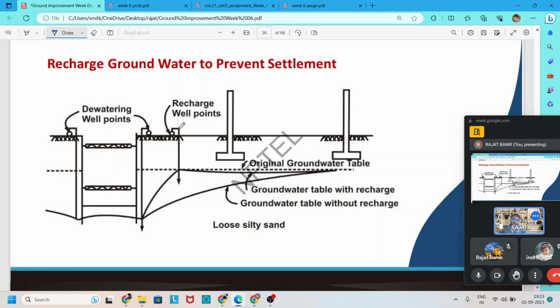Like that, through well points we recharge the ground and maintain the groundwater table up to that level, to maintain the water pressure below the existing structure. If we maintain the existing pressure, there is no settlement, so the structure may be safe.